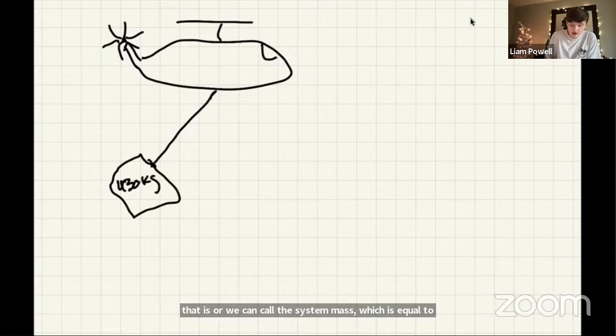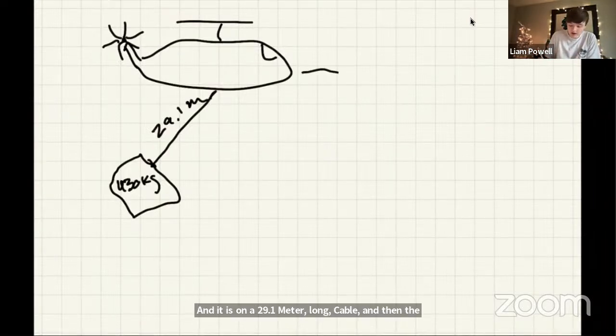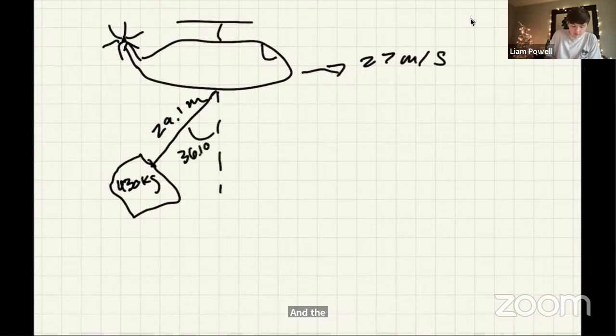And it is on a 29.1 meter long cable. And then the helicopter is returning at a constant speed of 27 meters a second. And the theta right here is 36.1 degrees.